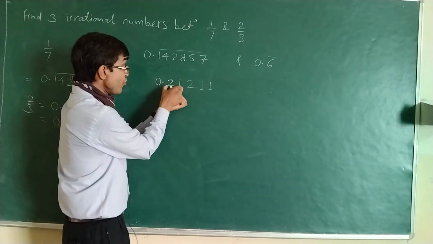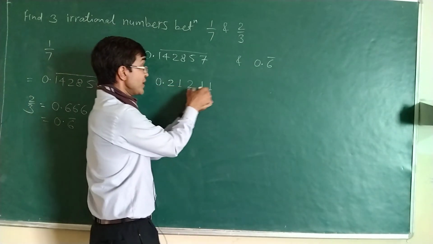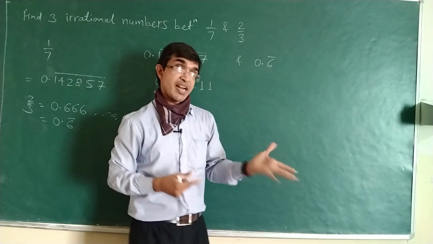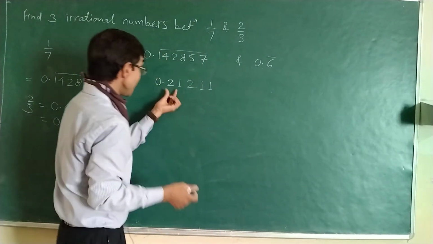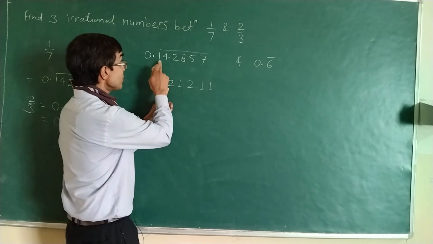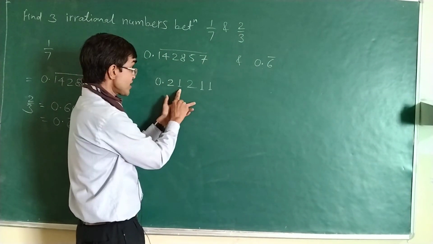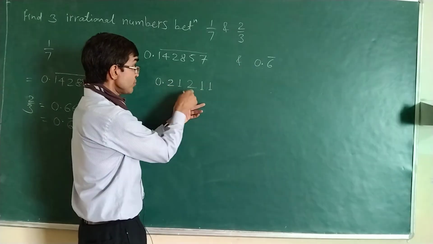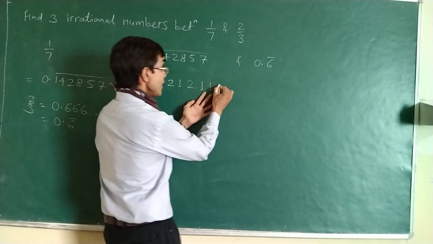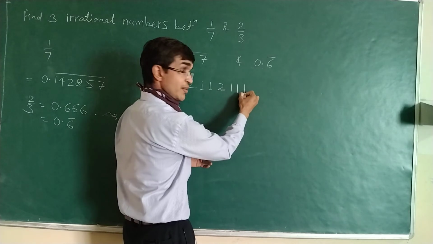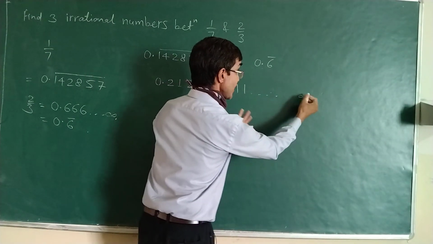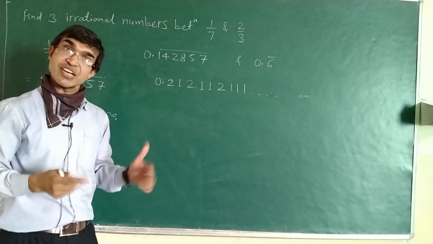Because if I take only 1 time 1, this 2 1 2 1 2 1 will repeat up to infinite, and that becomes rational. So I take this 2 because this is in between these two numbers, and this 1 once, then again 2 and 1 2 times, then again 2 1 3 times, and so on. If you write this way, that will be your irrational number.